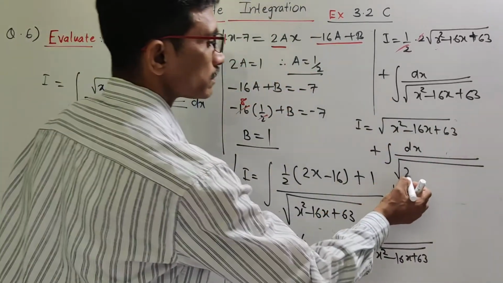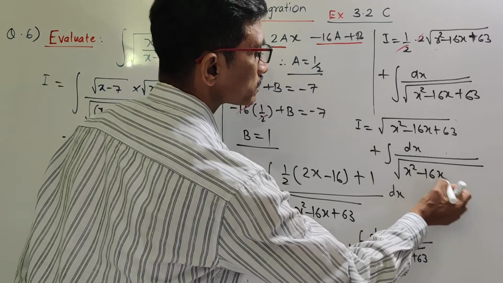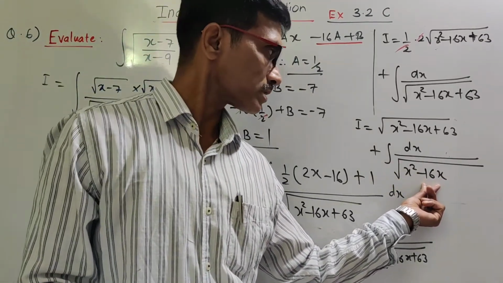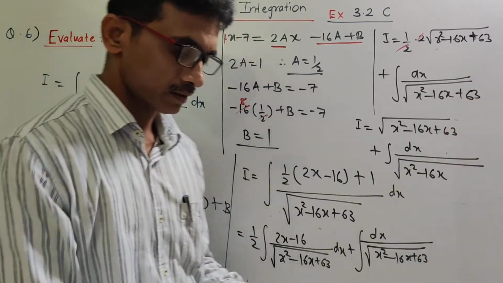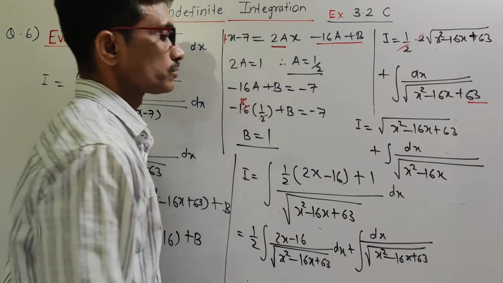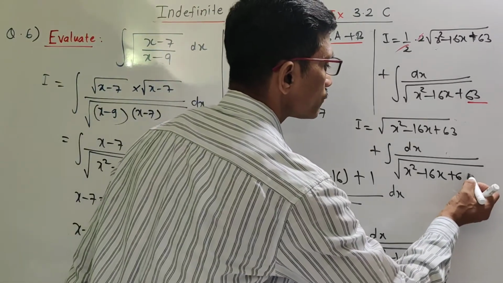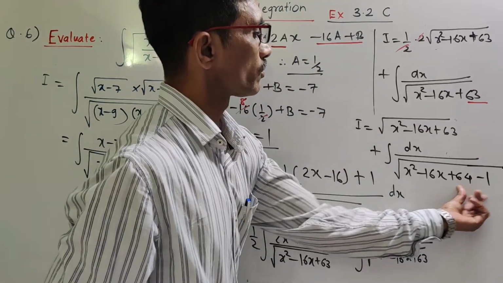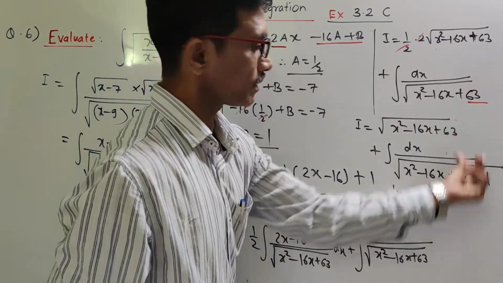x square minus 16x. Half the coefficient of x is 8, its square is 64, so we add and subtract 64. That gives 64 minus 1, which is 63.